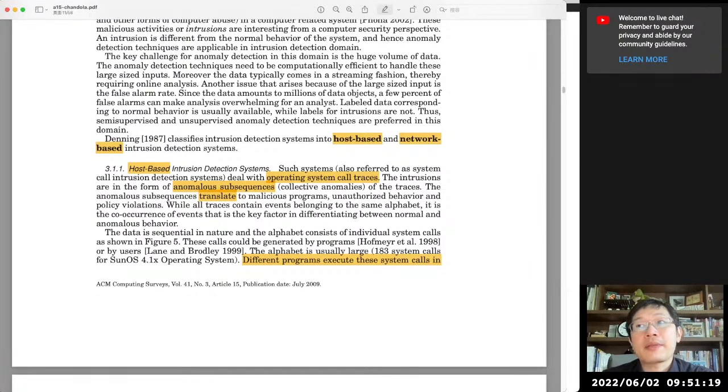You can use anomaly detection to help you find out which subsequences in the traces are viewed as a deviation from the normal behavior, the normal model.